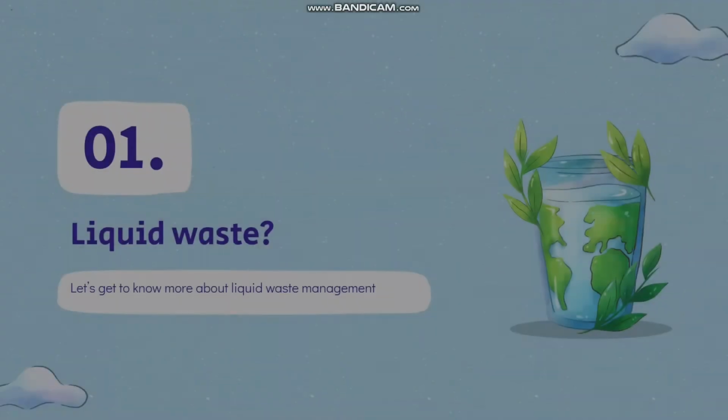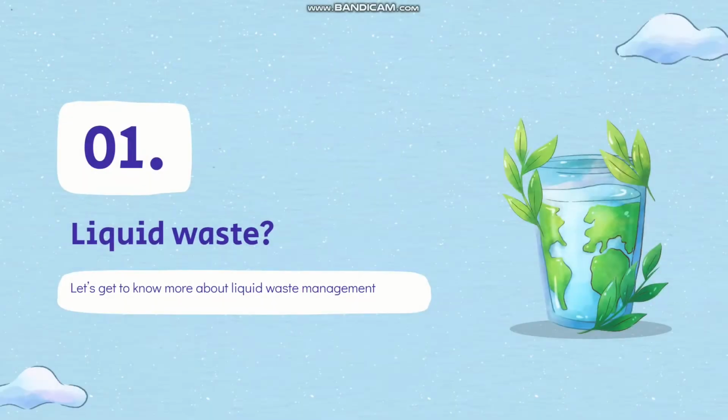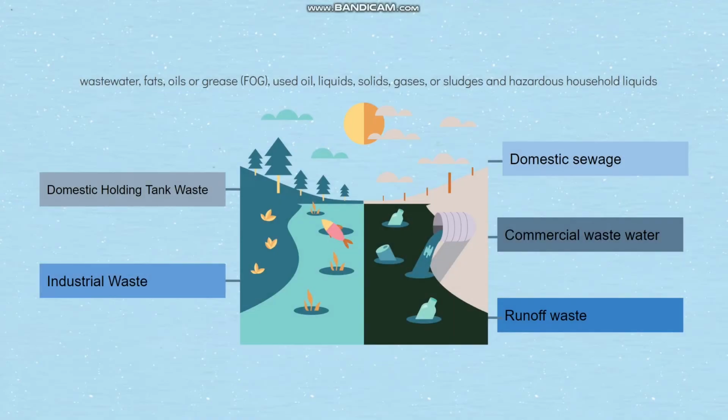This is my part, and for my part, I'm going to discuss the definitions of liquid waste, the definitions of liquid waste management, and why it is important to apply liquid waste management in Cambodia. So liquid waste refers to waste materials that appear in the form of liquid.